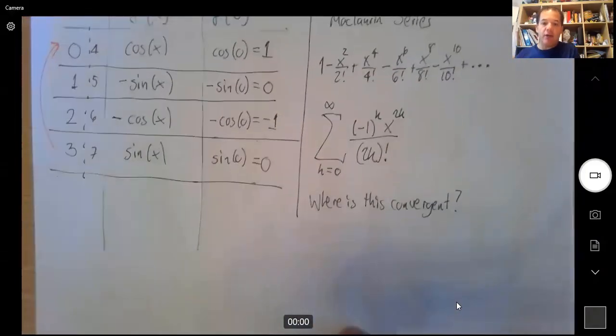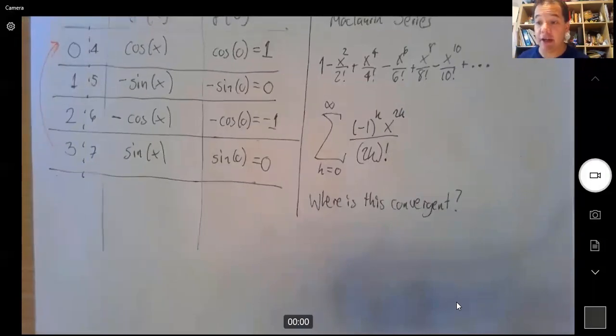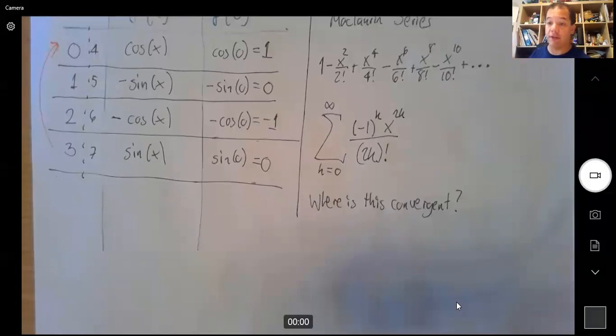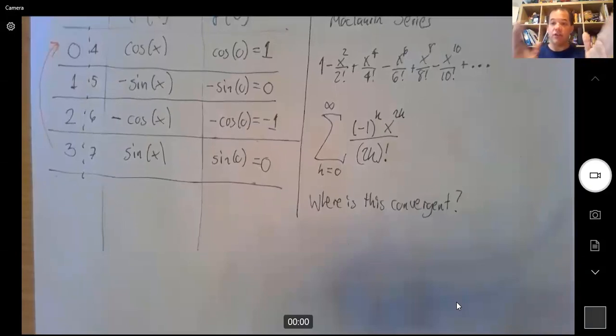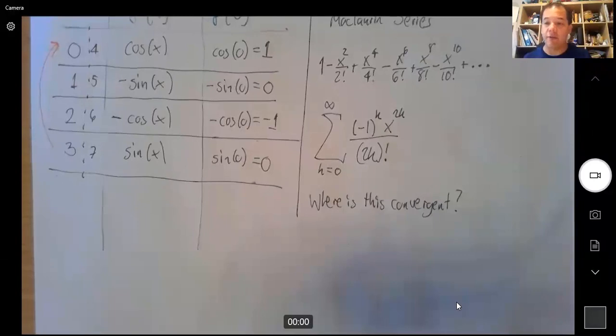And we already practiced how to do this the last couple of sessions. So we need to find out the radius of convergence. And then once we get the radius of convergence, we then check the endpoints, right? So how do we get the radius of convergence? Our go-to tool is the ratio test, all right?